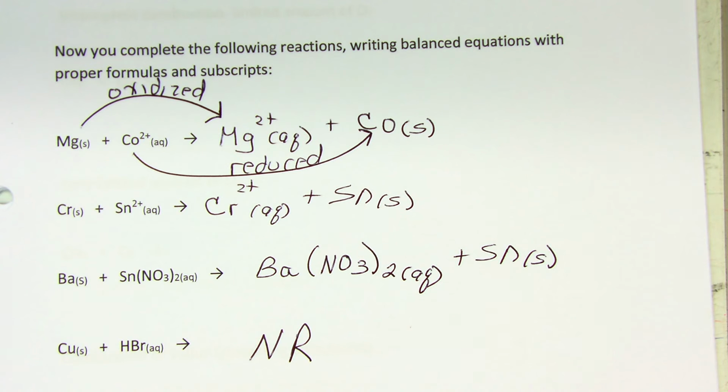So when we look at the activity series and we think about the activity of metals and we think about redox, what statement can you make comparing or relating the activity of something to its oxidation or reduction capacity?